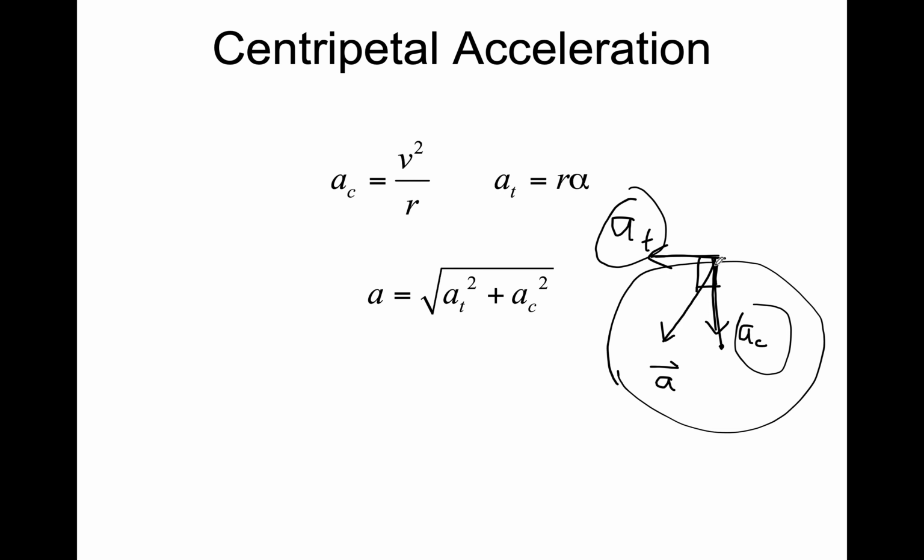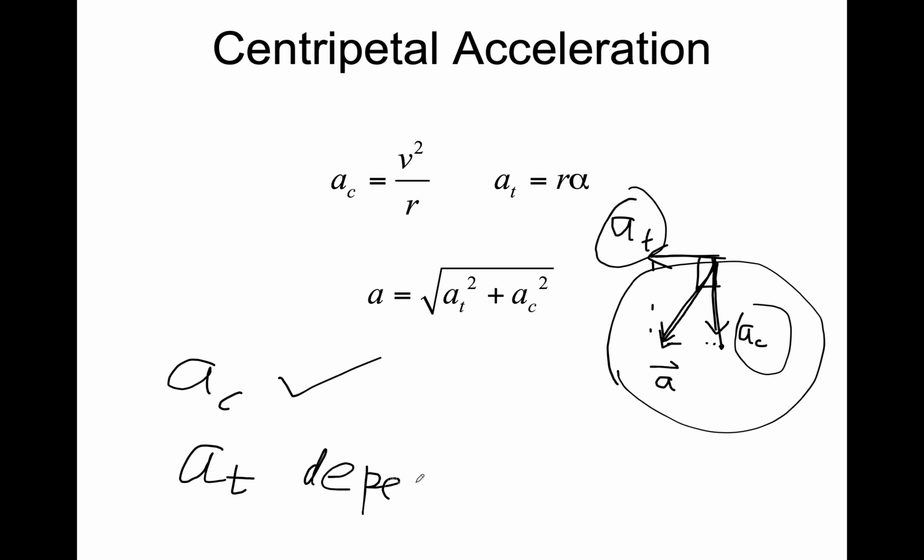So the magnitude of this A is the square root of AT squared plus AC squared. Now remember, for every rotational motion, we always have AC. AC is always there. The tangential acceleration, is it 0 or non-zero? It depends.